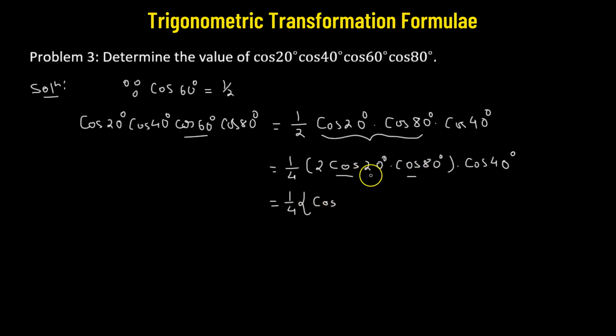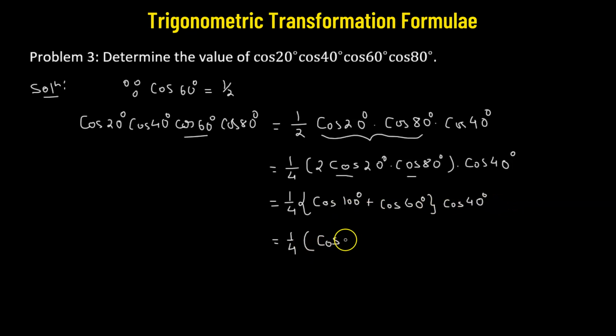So here we have cosine of 20 plus 80, so that's 100 degrees, plus cosine of 20 minus 80, so that's negative 60 degree, but cosine is an even function, so we're going to get cosine 60 degree, times cosine of 40 degrees, right? Let's multiply cosine 40 degree to each of the terms within the parentheses.